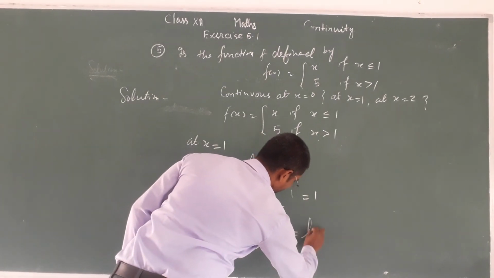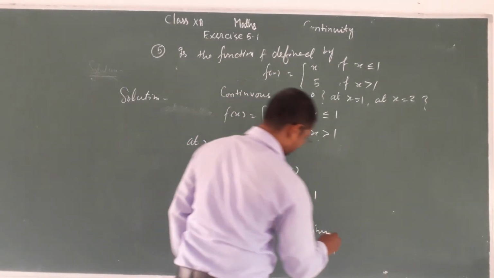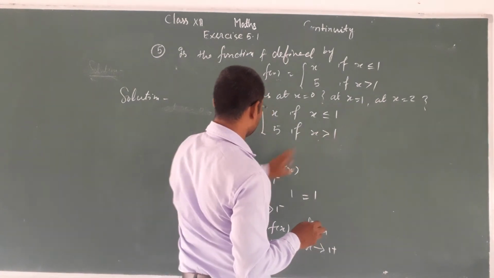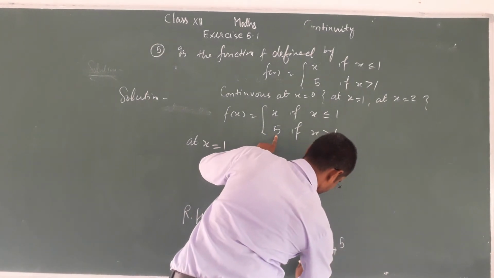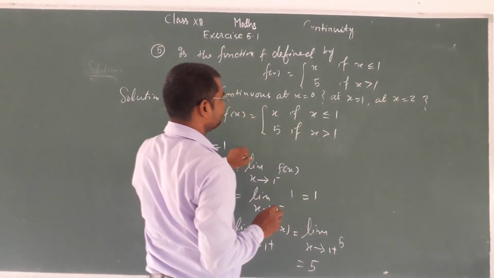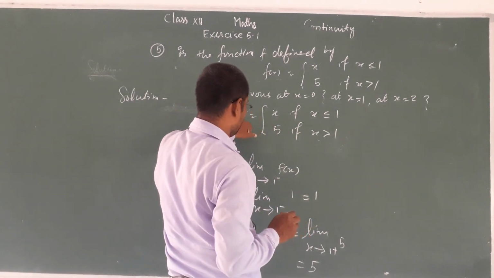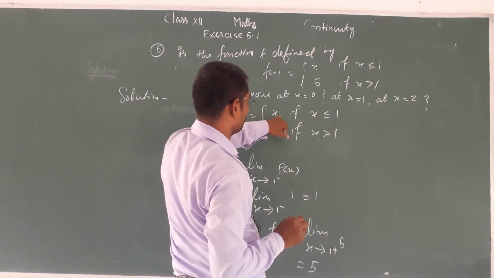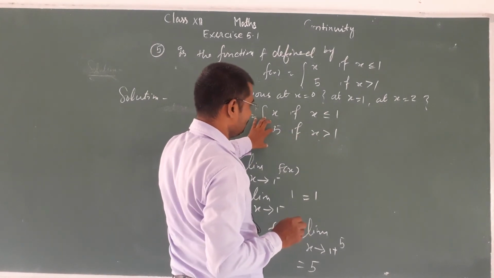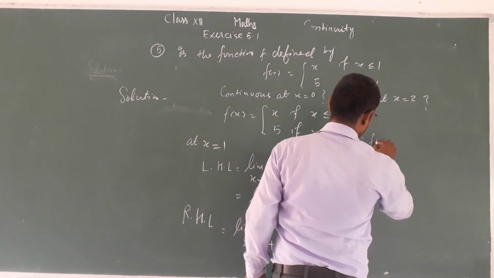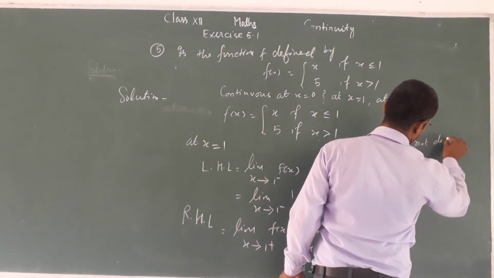of f(x), for x greater than 1, the right hand limit. So the value of f(x) is 5. And f(1) is equal to 1, while for x greater than 1 it is 5. So the limit is not defined.